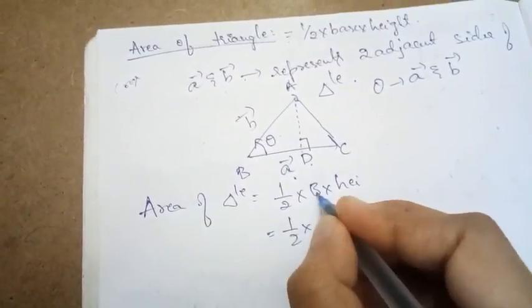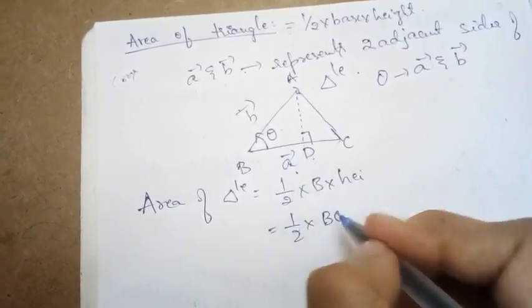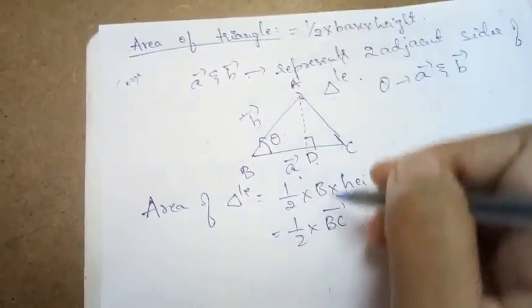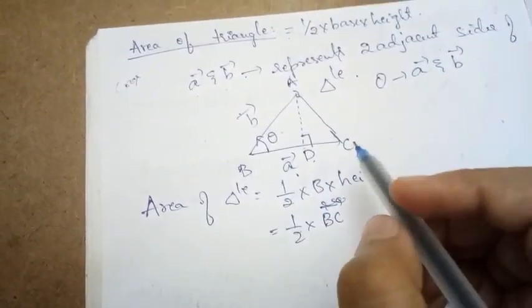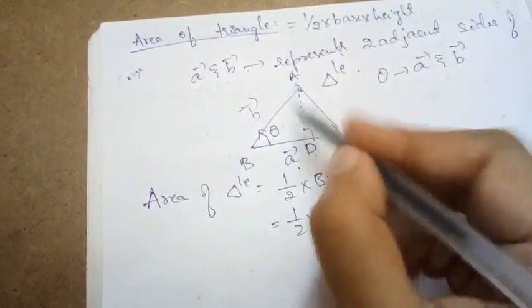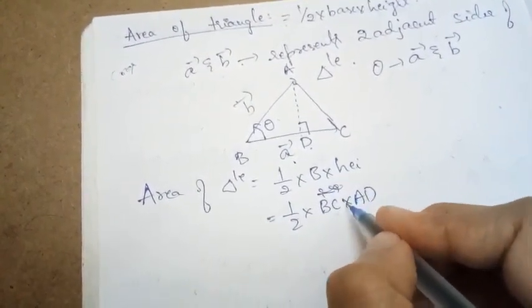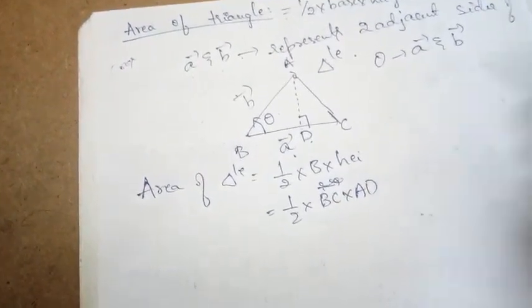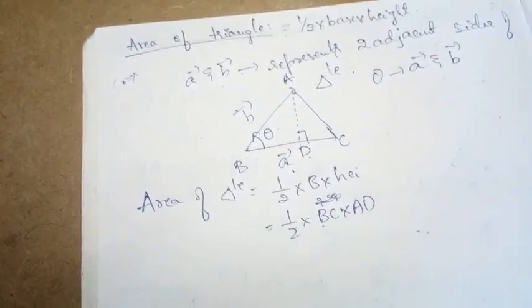Half into base, it is nothing but BC, and I am calling it just BC, not vector BC, and our height is nothing but AD. It is not a cross, it is a multiplication symbol, so don't confuse the multiplication symbol with the cross. So half into base into height.